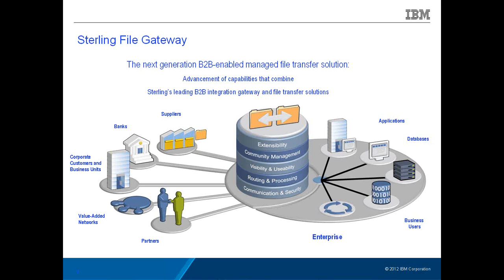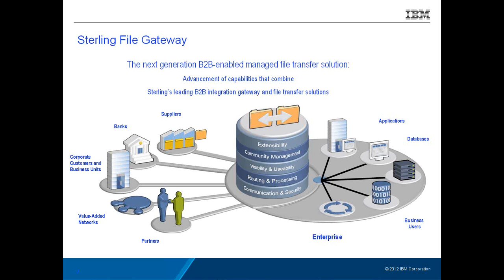And the extensibility part is, how do I extend my existing file transfer infrastructure to integrate with various backend applications, with my ERP applications. It could be CRM applications, a simple database, or other web applications. How do I integrate with that application so that I can have a seamless information flow from the supplier or partner to the respective applications?